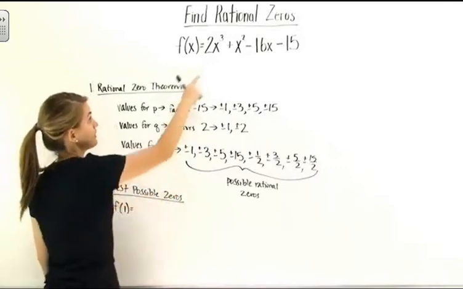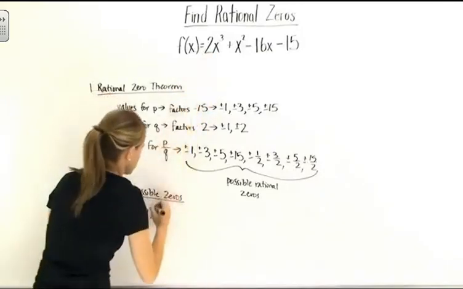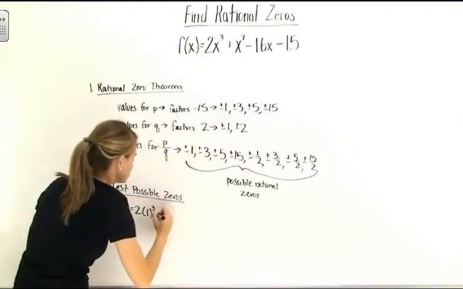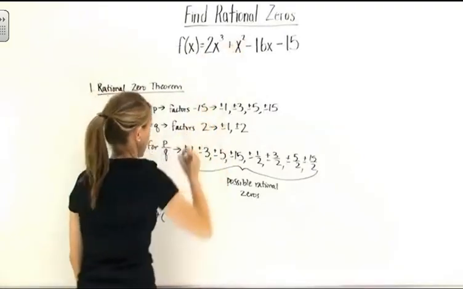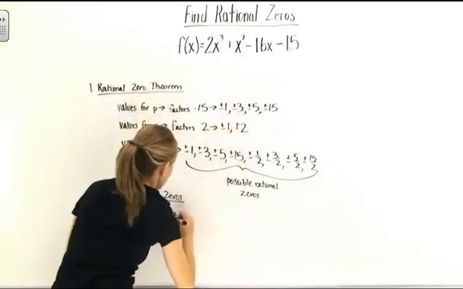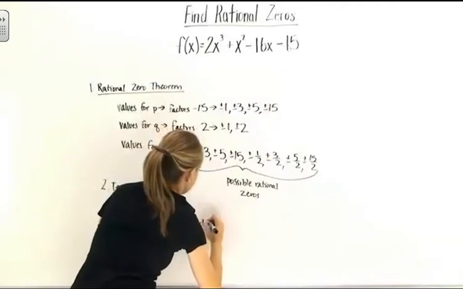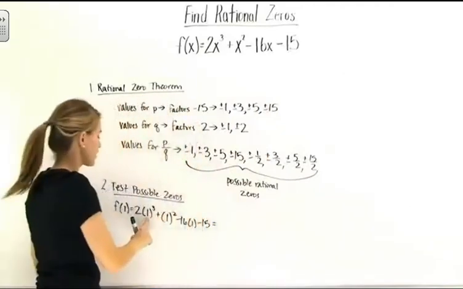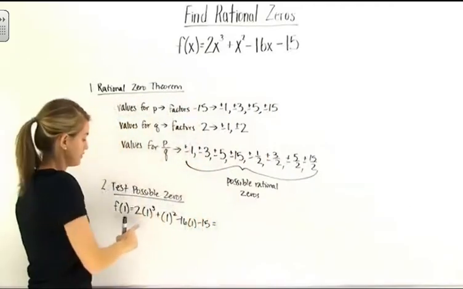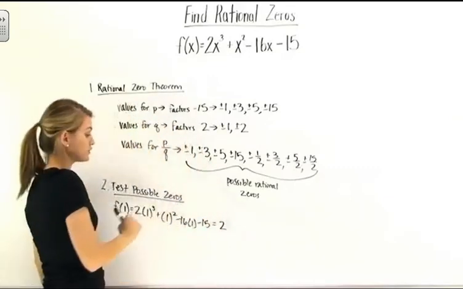f of 1 would be 2 times 1 to the third plus 1 to the second minus 16 times 1 minus 15. Well, 1 cubed is 1. 1 times 2 is 2. So we get 2. 1 squared is 1.